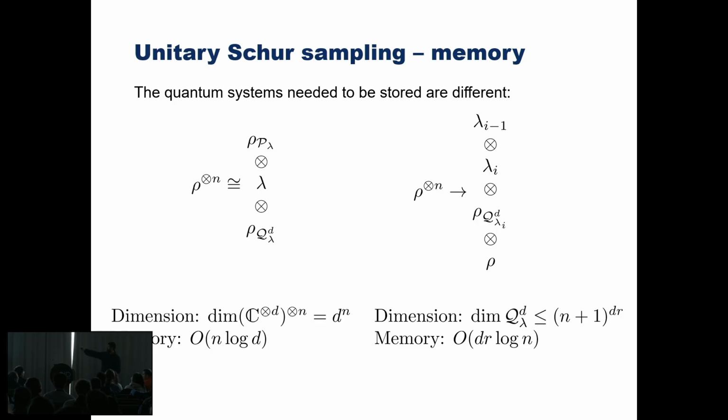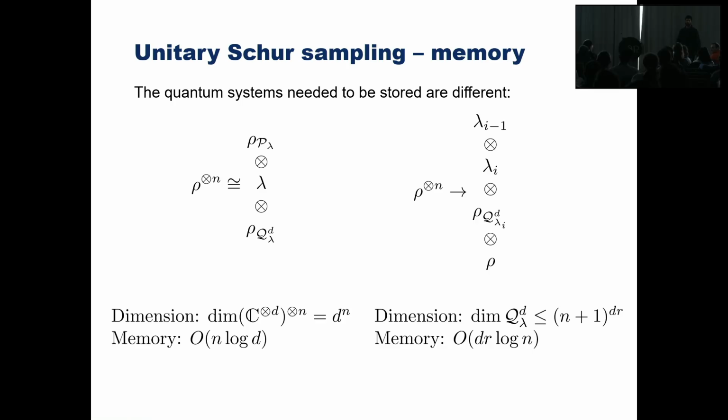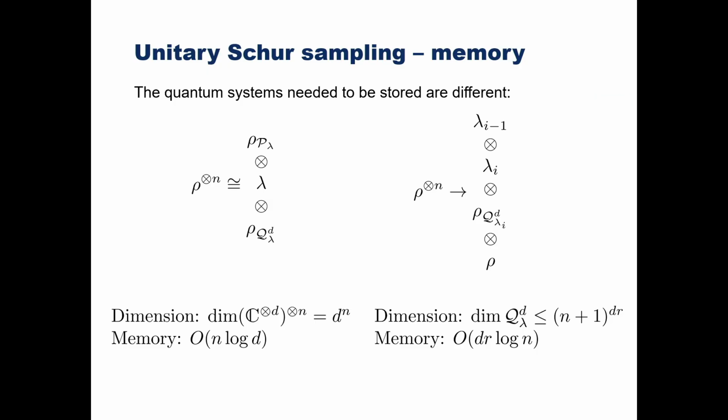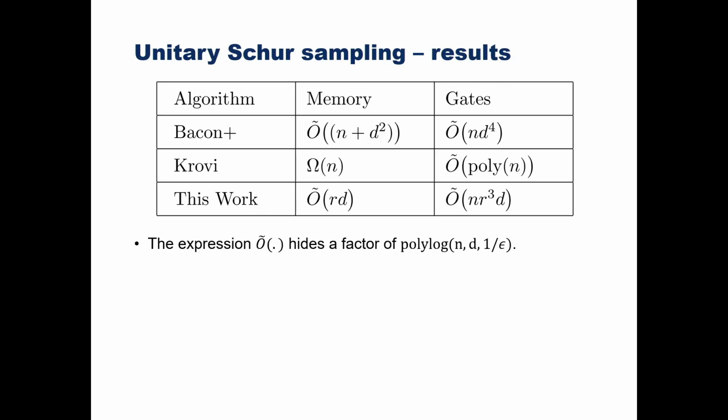And for this irrep, there are upper bounds on the dimension. And after all is said and done, the memory of this irrep is d r log n. So suddenly we're logarithmic in n. And if you watched the plenary talks today, this is a bit akin to the fact that types scale differently. The number of different types scales differently than the number of different strings. Just a side note.